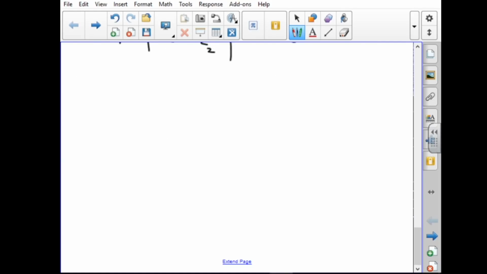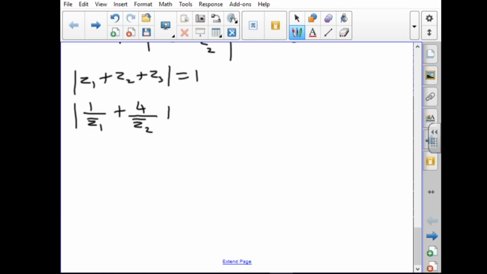Now, it is given modulus of z1 plus z2 plus z3 is equal to 1. So here we will substitute that. What do you get? z1 is 1 by z1 conjugate, z2 is 4 by z2 conjugate, and z3 is 9 by z3 conjugate, equal to 1 in modulus. Now here you take the LCM.